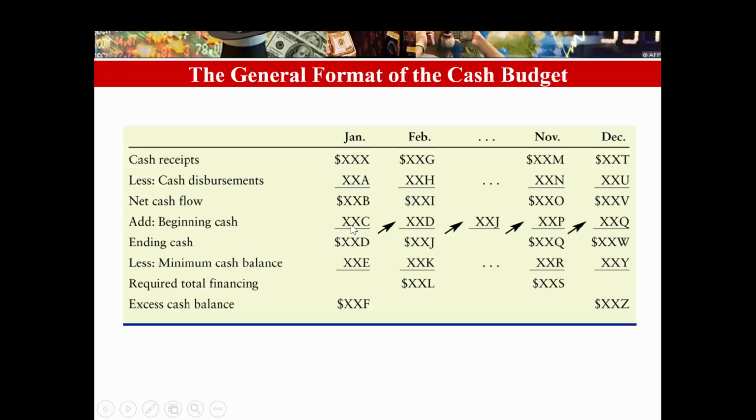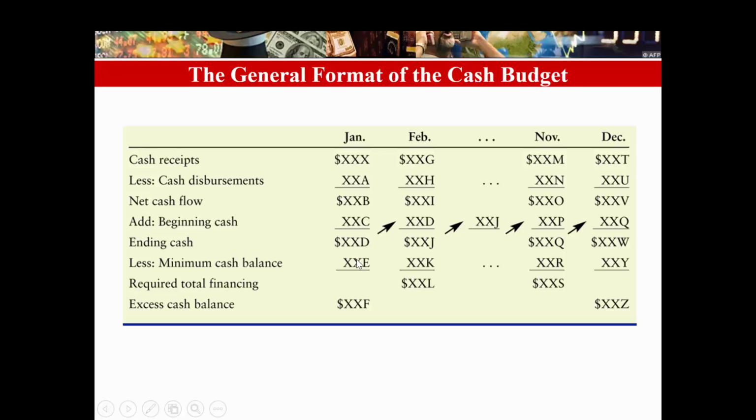We start the period with some cash on hand. We call this beginning cash. When we incorporate the net cash flow for the period, we get ending cash. A lot of companies operate with a minimum cash balance, so we subtract the minimum cash balance from the ending cash.